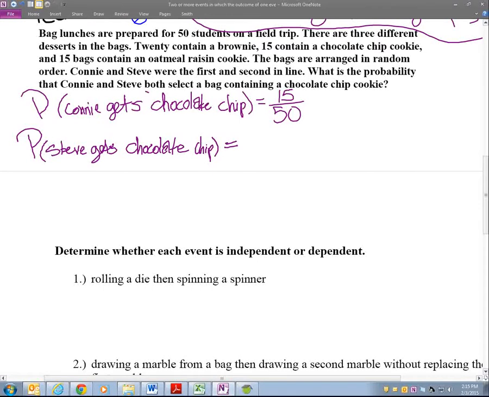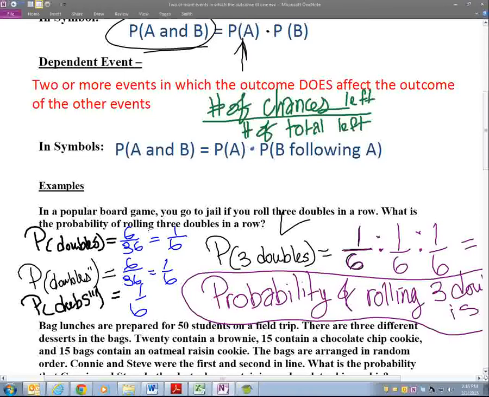There's only 14, because Connie was first in line, and she got one. There's only 14 left, because a couple class periods ago, someone asked, how do we know that Connie gets it? Well, we don't know, because what we're doing is trying to find the probability that Connie and Steve both select a bag containing chocolate chip. So in this situation, Connie got it, because we're finding the probability of both of them getting it. Okay? So we have 14 out of how many? I'm referring back to this here.